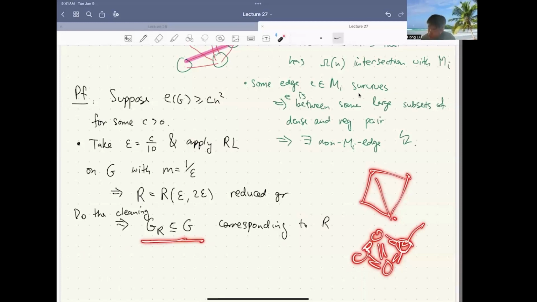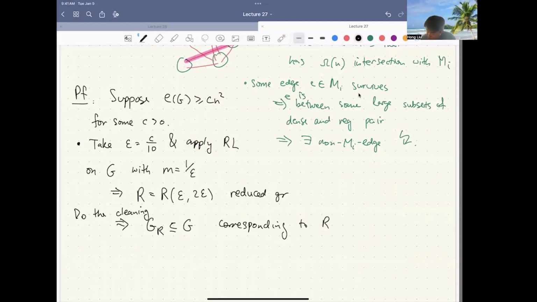In such a subgraph you retain almost all edges of G, meaning the number of edges removed, e(G) minus e(G_R), is little o of n squared. So let me write, by this choice of parameter, one of the calculations we did before, it is at most 3 epsilon n squared.